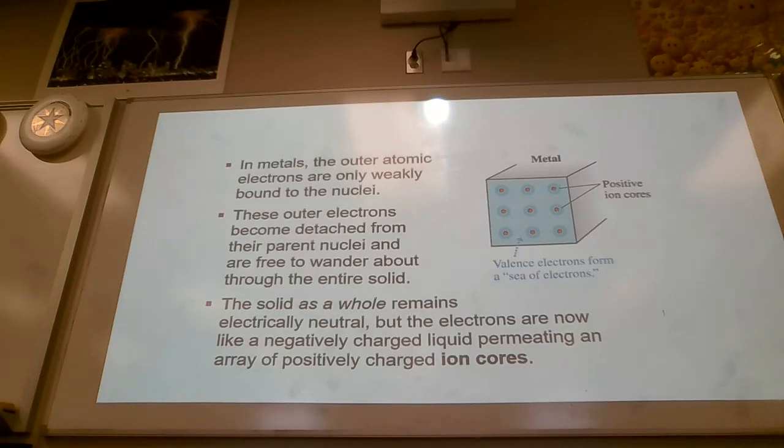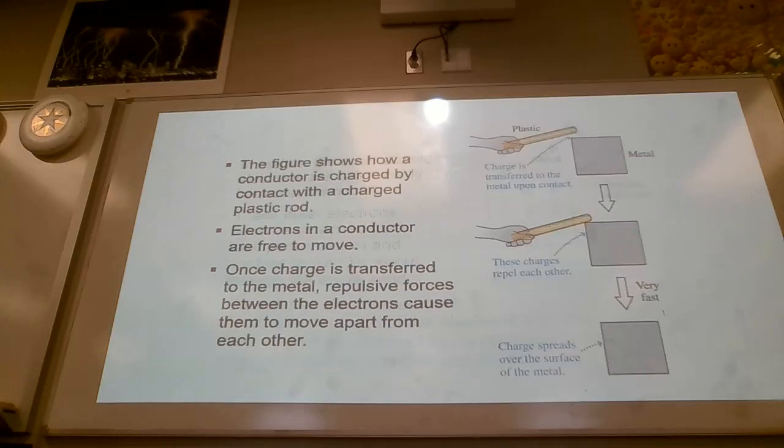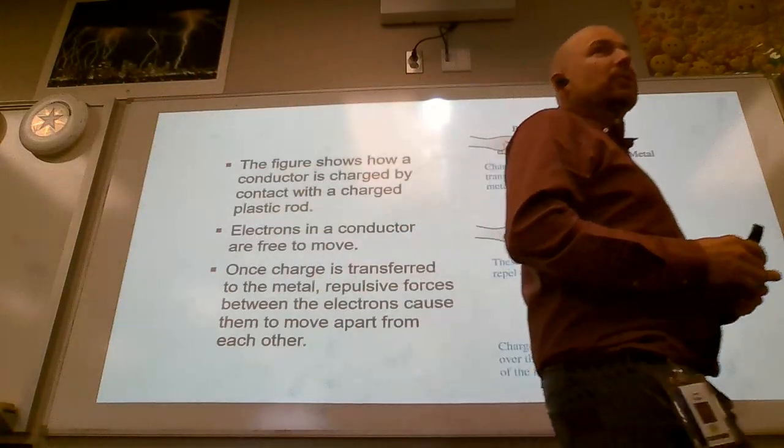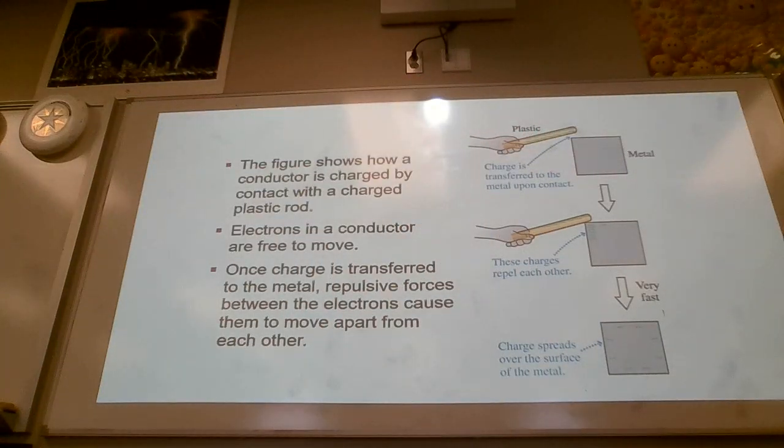Okay. So, sea of electrons, the idea. So when you charge by conduction, this is the packaging peanut lab. When you touch something that is charged to something neutral, electrons are able to transfer, and conduction charges to the same type of charge.